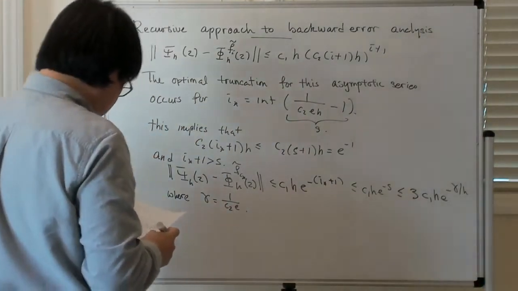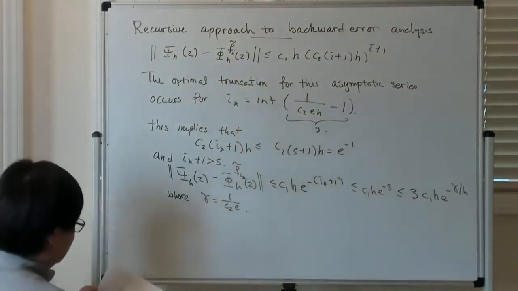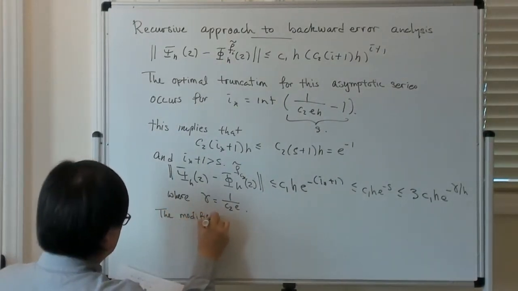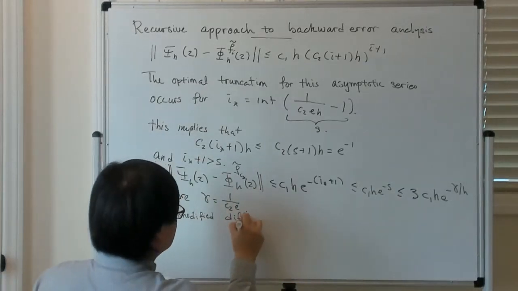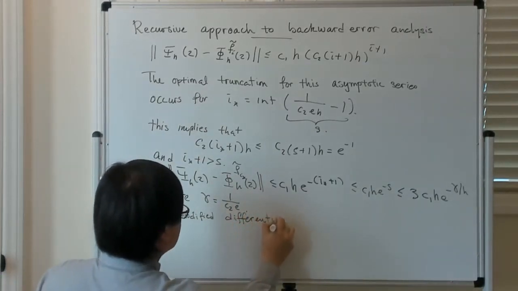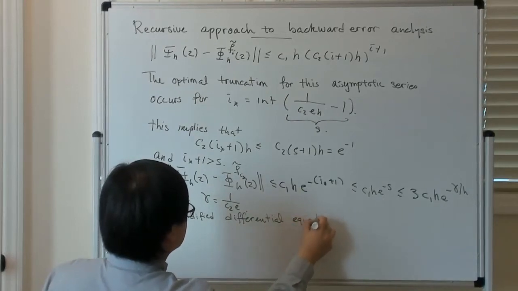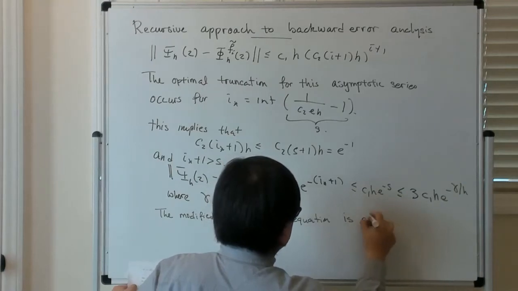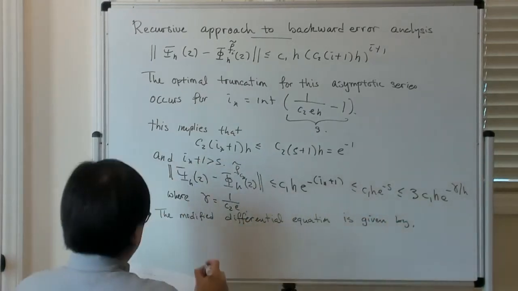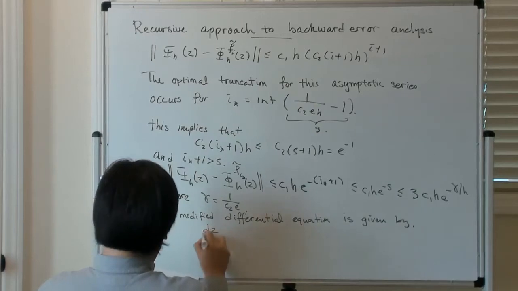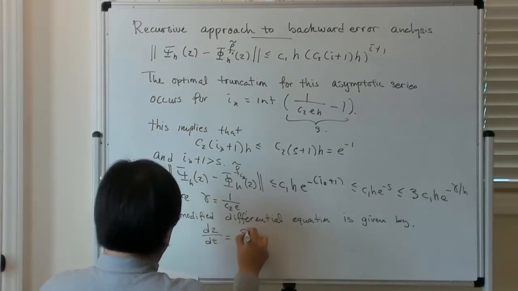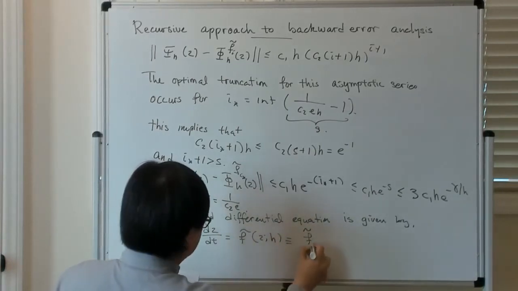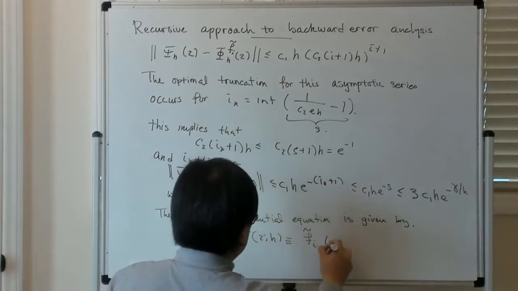Okay, so what happens then is that the modified differential equation is given by this optimally truncated vector field, dz/dt equals f tilde I star, and this is defined to be just this optimally truncated vector field.